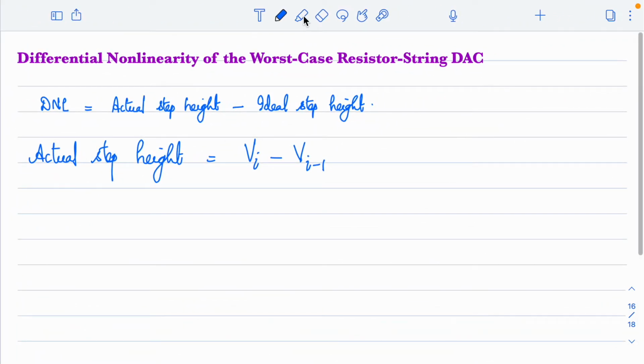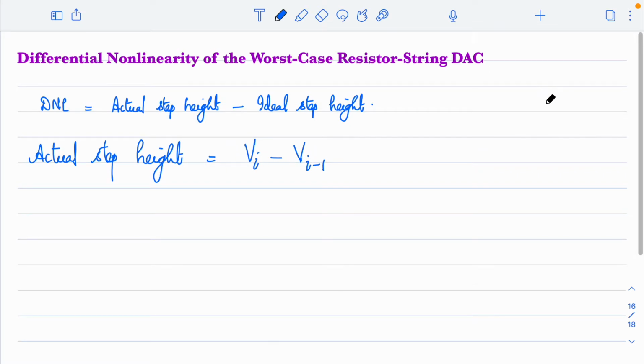So step height is calculated based on two adjacent input digital code word transitions. If I am considering the ith resistor, then I have to consider either I plus 1 or I minus 1. So I am considering two adjacent input digital code words, and I am trying to calculate the actual step height, right? So to get the actual step height, I am taking this difference.